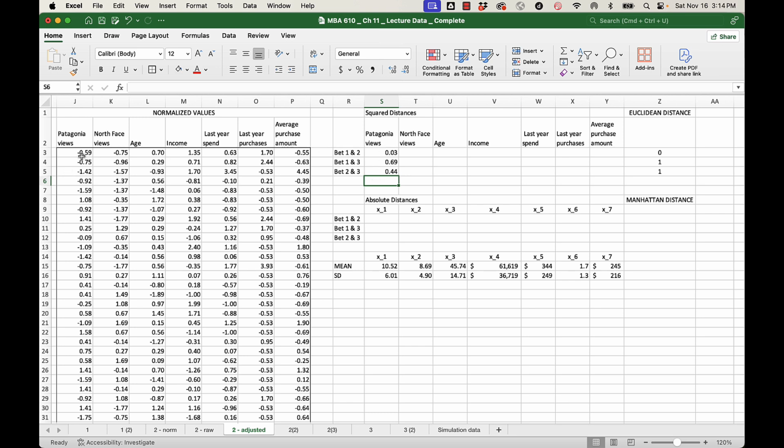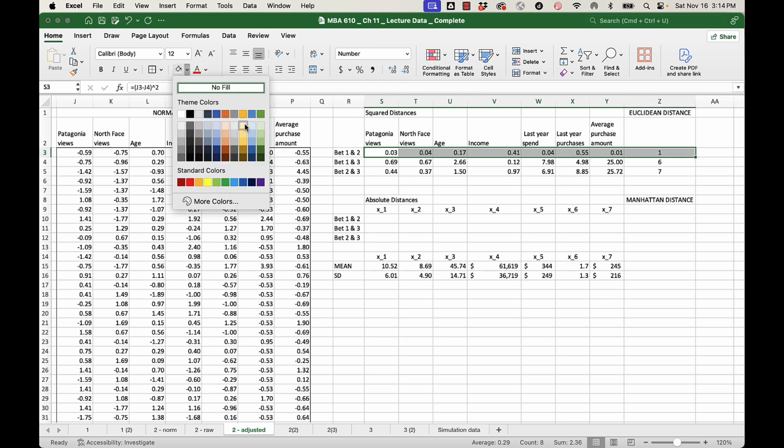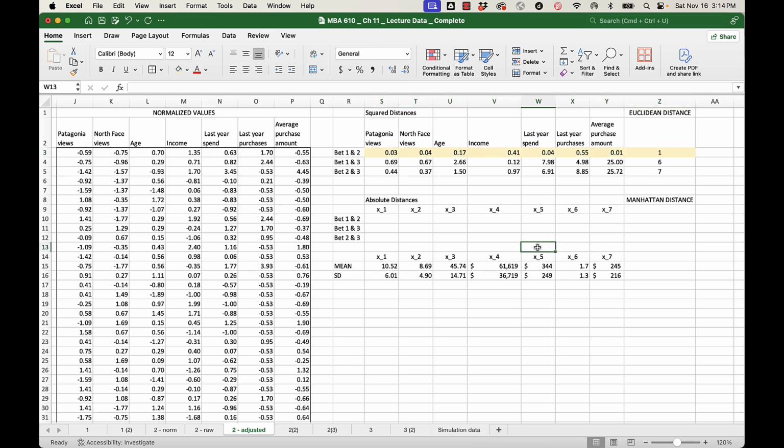So we can see with regard to how many Patagonia pages were viewed, person 1 and 2 are the most similar. I can calculate this for everything, each one, but I'm just going to drag it over. And then I had borrowed my Euclidean distance summary from the other page. And now we can see that the Euclidean distance for person 1 and 2 is much smaller, meaning they're much more similar than person 1 and 3 and 2 and 3 are.